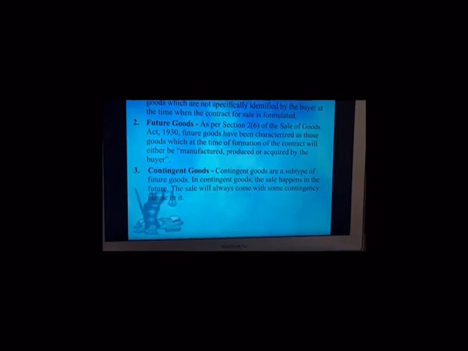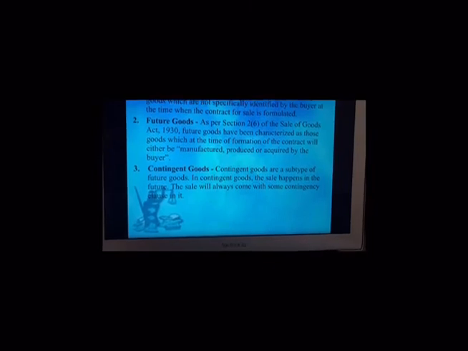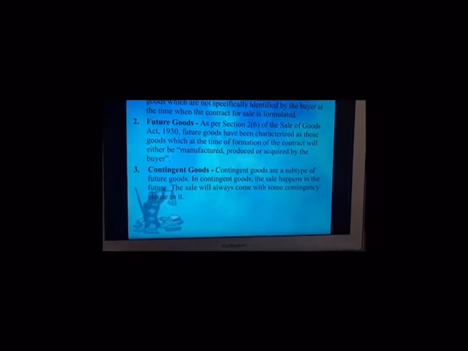Third being contingent goods. Contingent goods are a subtype of future goods. In contingent goods, the sale happens in the future. The sale will always come with some contingent clause in it. So the difference between future and contingent goods is that the sale and the monetary transaction also happen in the future.